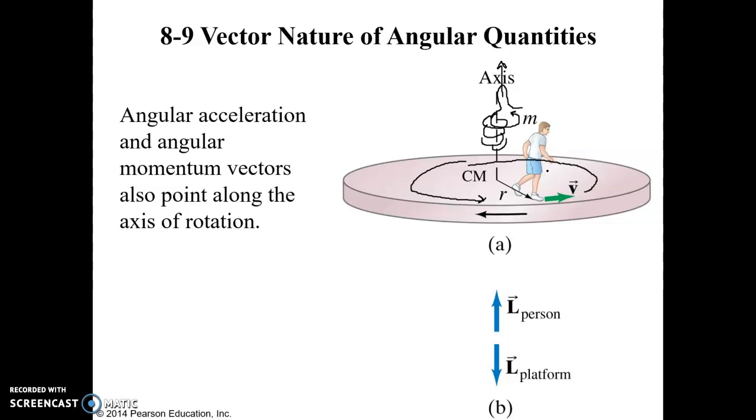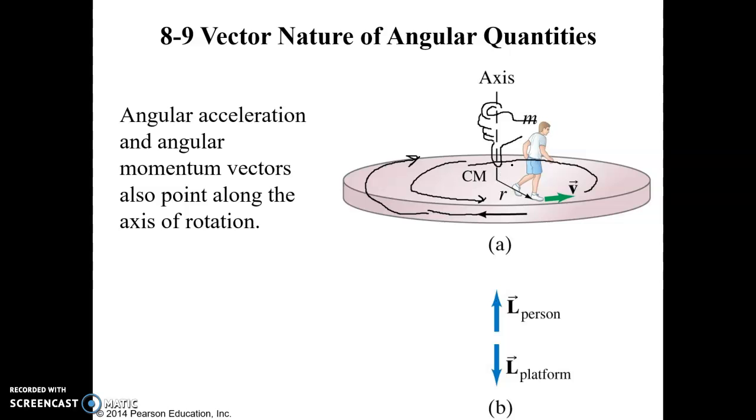Now, if we look at the disk and how it's moving, it's rotating the other way. The disk is moving in this direction. If we curled our fingers around in that direction, they would be going the other way, and therefore our thumb would be going down.